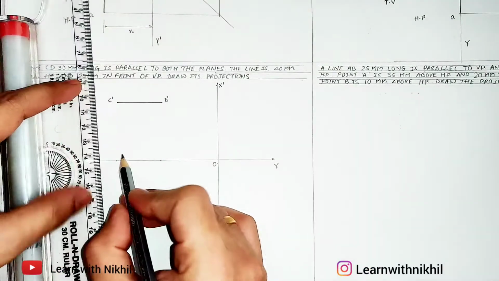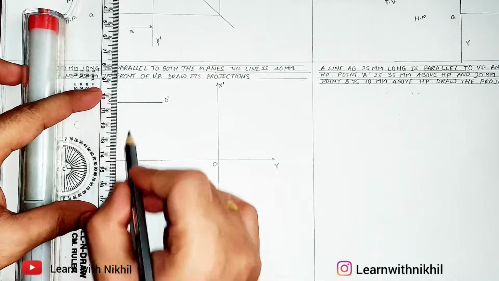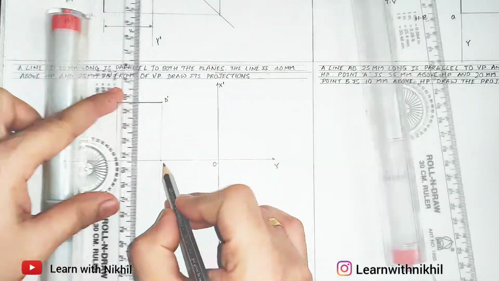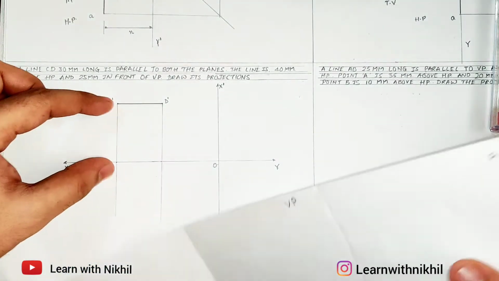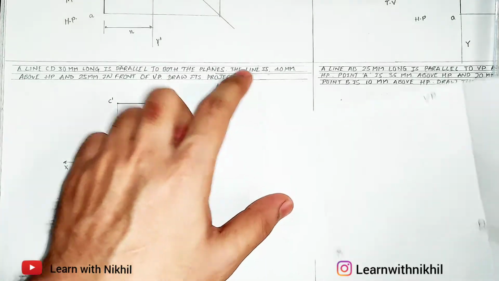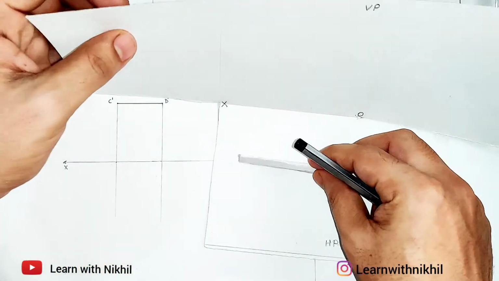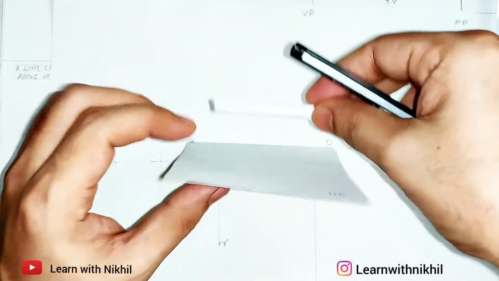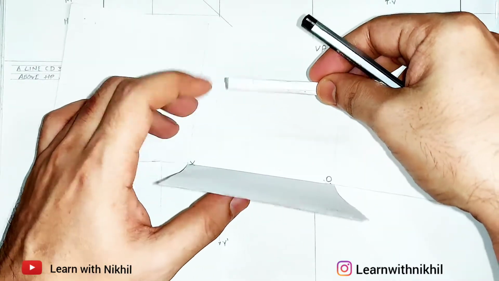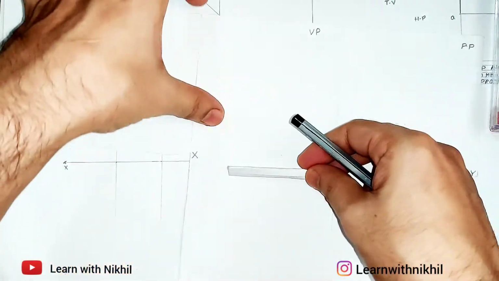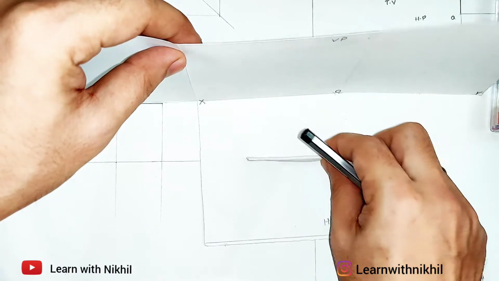Now taking its projection below for the top view. Now in top view also it is parallel, so it will be a horizontal straight line, but it is in front of VP at a distance of 25. So this is, we have drawn the front view, that is 40 above. Now top view will be 25 in front.